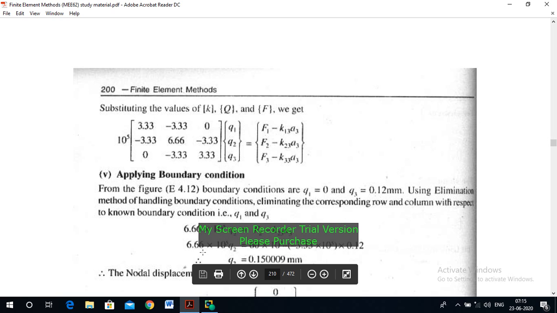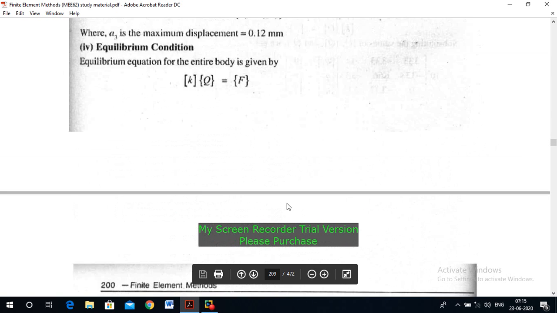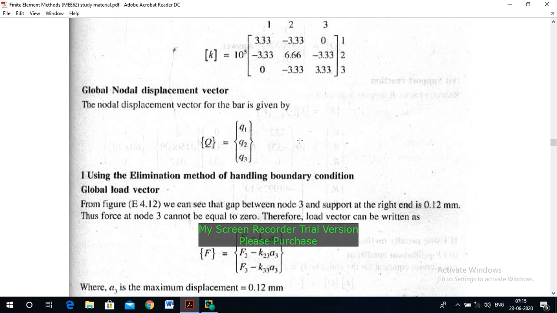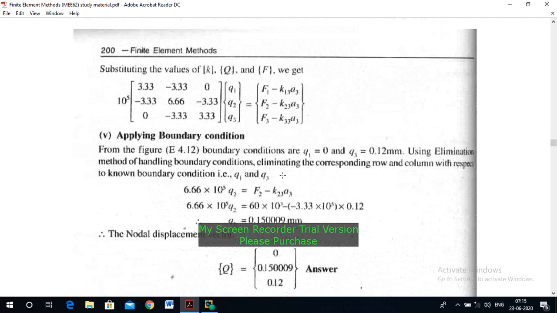Substitute the values: 6.6 into 10 power 5, Q2 we don't know, the force acting at node 2 is 16 into 10 power 3, and K23 is the value from the global stiffness matrix. K23 is second row, third column, that is minus 3.33 into 10 power 5 from the global stiffness matrix. Take that value: 16 into 10 power 3 minus minus 3.33 into 10 power 5 into 0.12, and after simplifying this equation I will get the Q2 value as 0.15 mm.